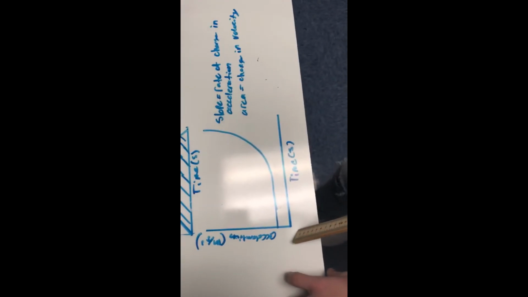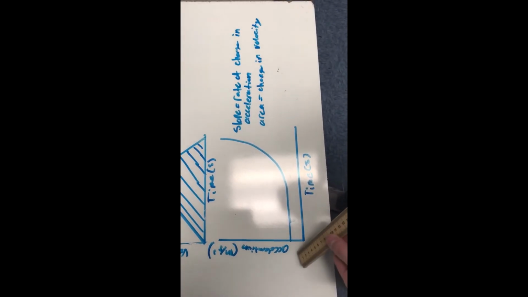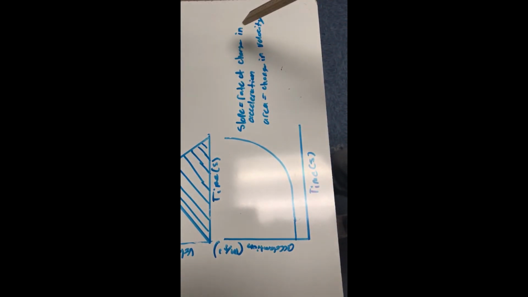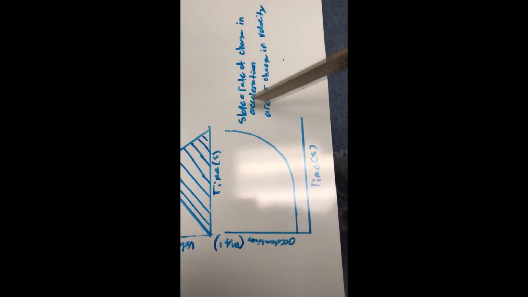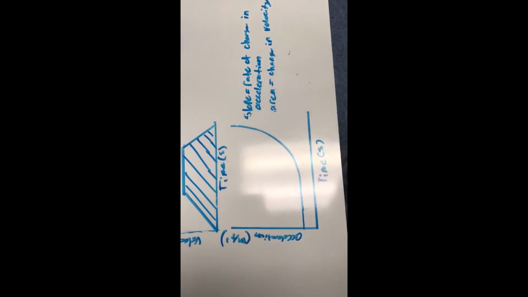And this is an acceleration versus time graph, and it is increasing acceleration, and the slope shows the rate of change in the acceleration, and the area, which would be under here and here, shows the change in velocity.